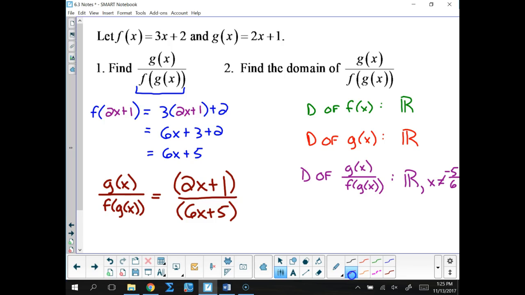Okay. So if I put in negative 5/6 into g, what do I get out? No. I get out negative 2/3, right? So can I put in negative 5/6? Yeah. I can. Okay? So what do I have to look at?